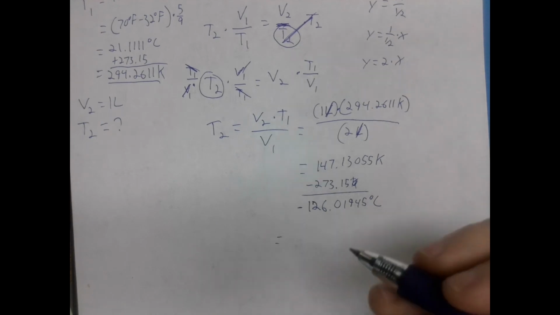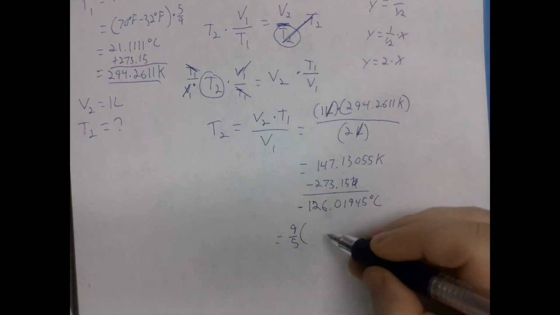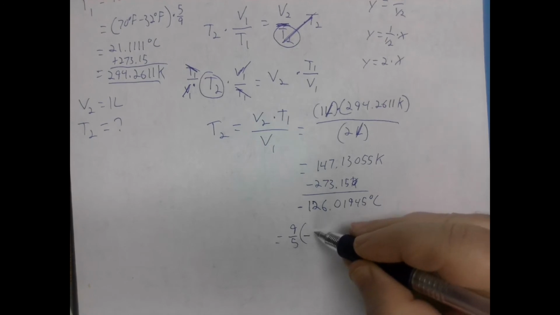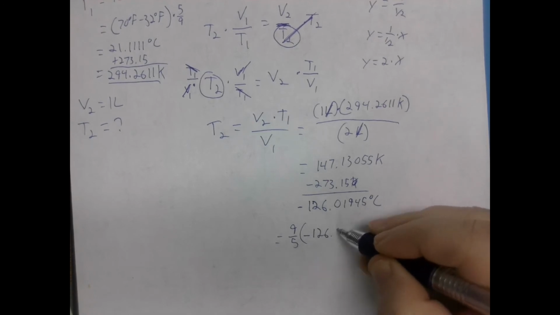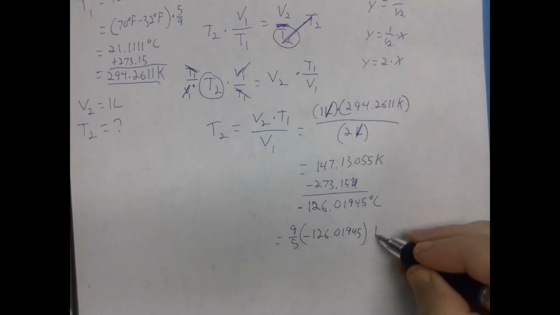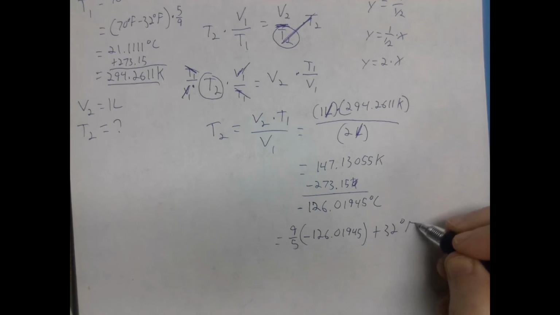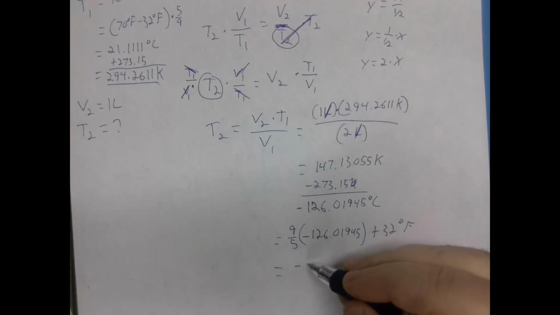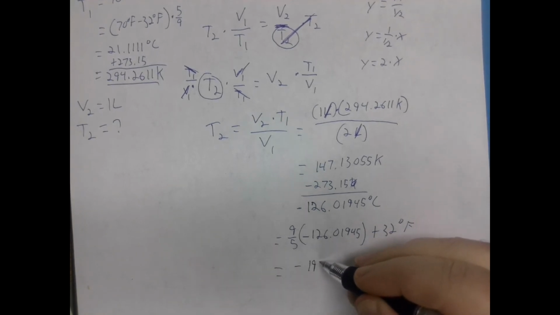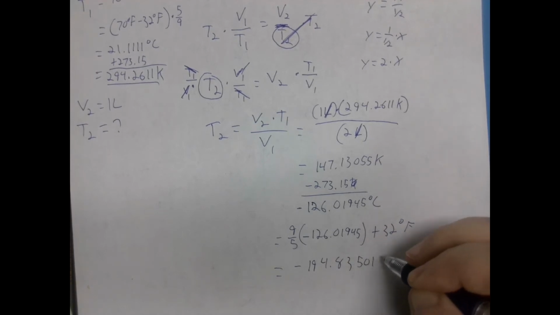And if we wanted to go into Fahrenheit, it'd be 9/5 times negative 126.01945. And then we add the 32 degrees Fahrenheit. And that tells us our temperature was negative 194.83501 degrees Fahrenheit.